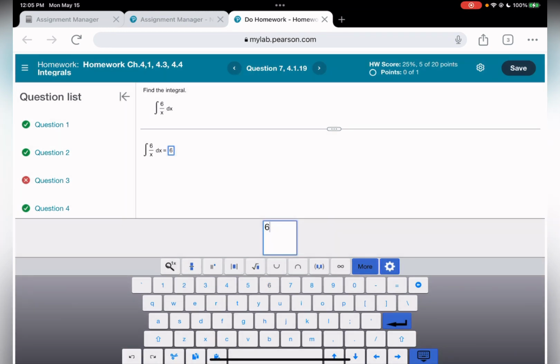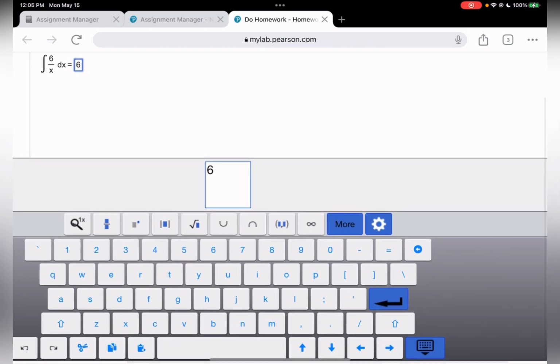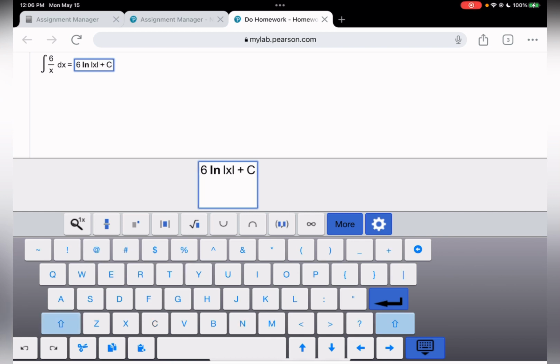Now I need to find the absolute value. Where is my absolute value? I'll put it this way. Natural logarithm of the absolute value of x plus c.